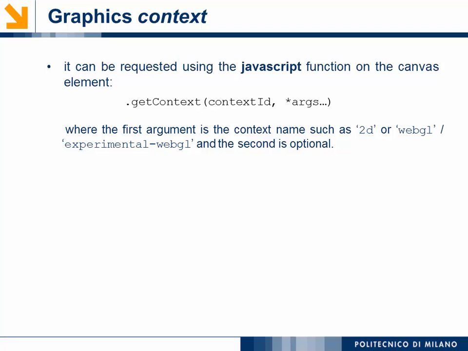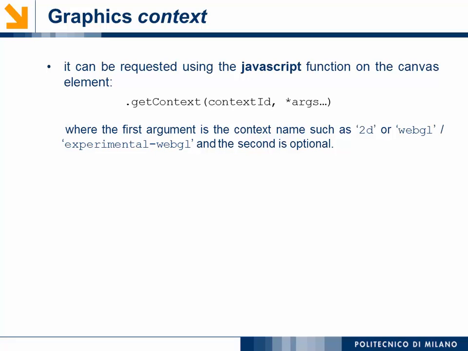It can be requested using the getContext JavaScript function on the canvas element. Once we have created the canvas element, if everything is correct and we have a return value for this element, we can get the context from that pointer. We pass the context ID, which is the name, depending on whether we want a 2D context or a WebGL context.